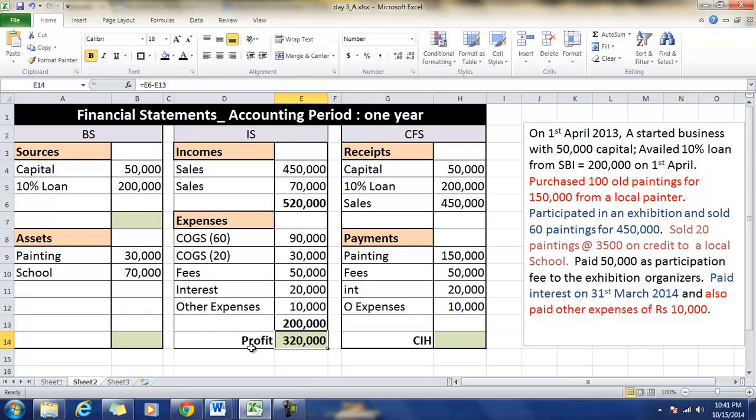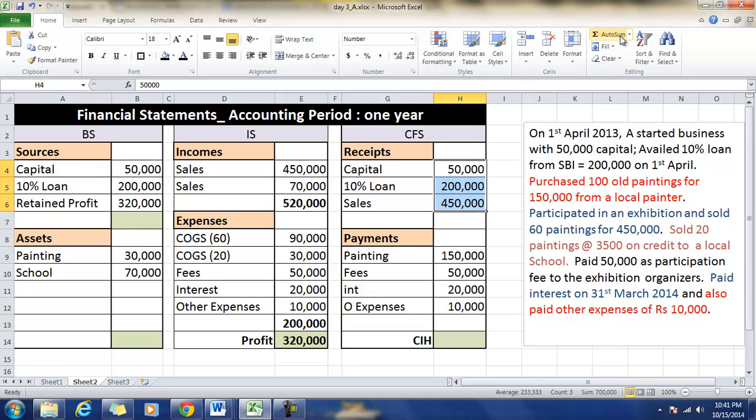There is a decision to be taken here now. When a company makes profit, the profit can be distributed as dividend or can be retained, and if it is retained, it becomes a source. The entire profit is retained in the business.